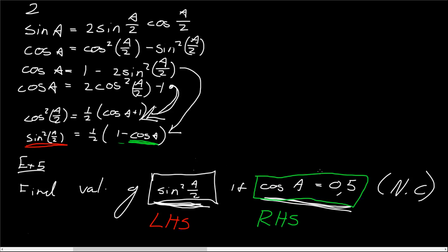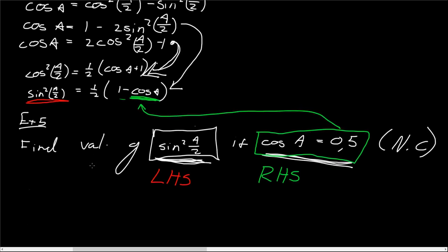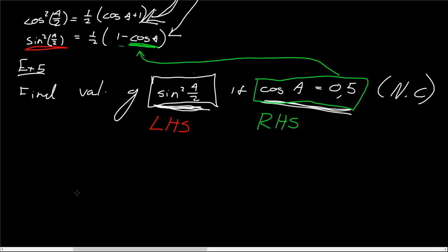So if we substitute 0.5 in for cos A here, then we can solve the right hand side, and then we know what sine squared A over 2 is. So let's do it. From this identity, sine squared A over 2 is equal to 1/2 (1 minus cos A).